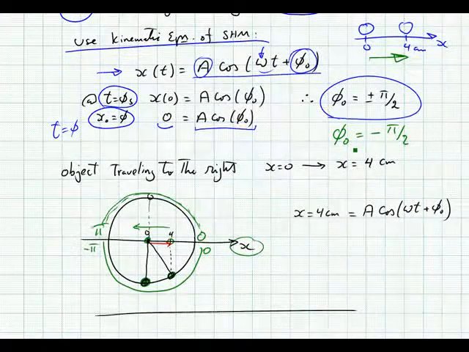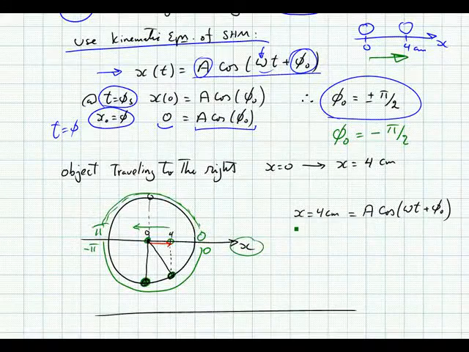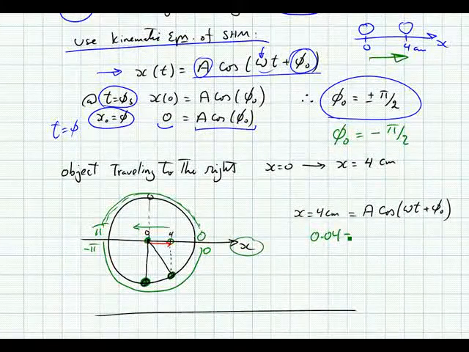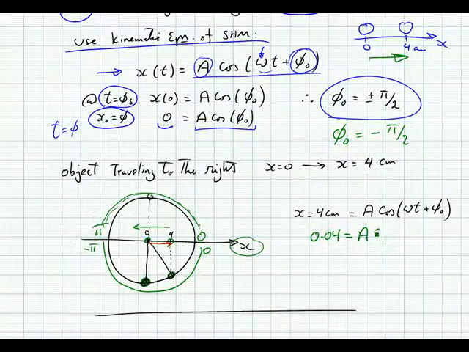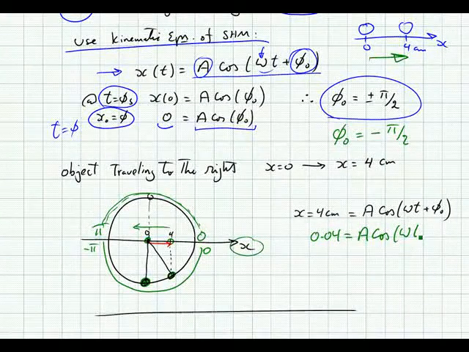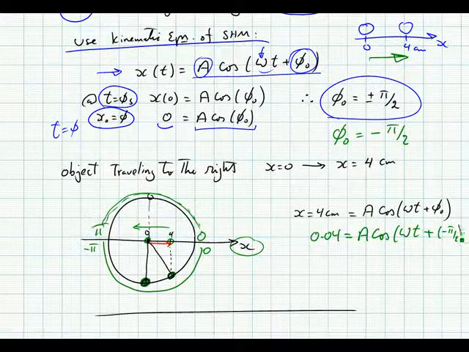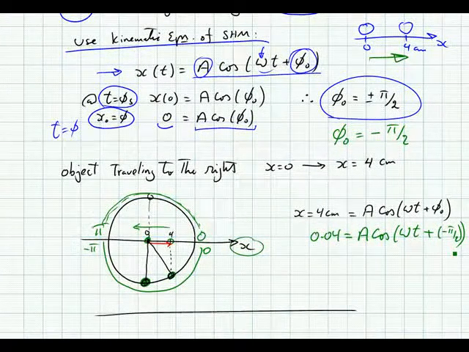figured out what phi naught is, we essentially use the kinematic equation and say that okay, x is 4 centimeters, so we have x equals our amplitude A times cosine of omega t plus phi naught, which we said is minus pi by 2. Right?